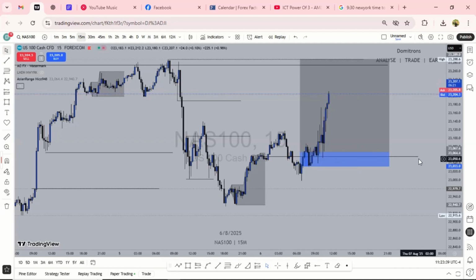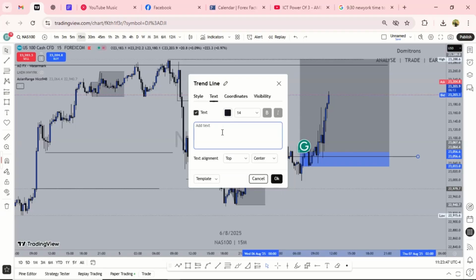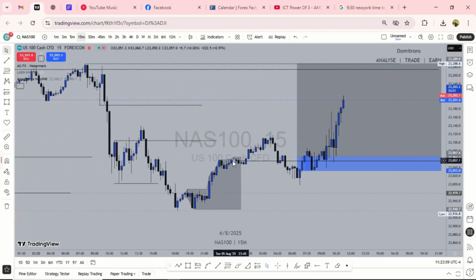This line you see here is the day's opening price, and I marked it out from the 00 hour. Right there, 00 hour, and I drew it right there.